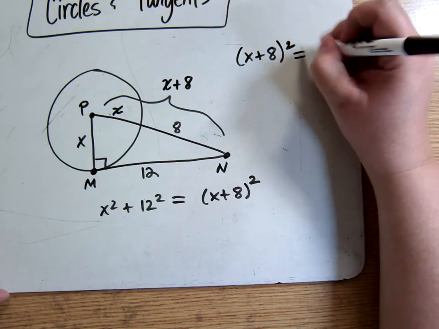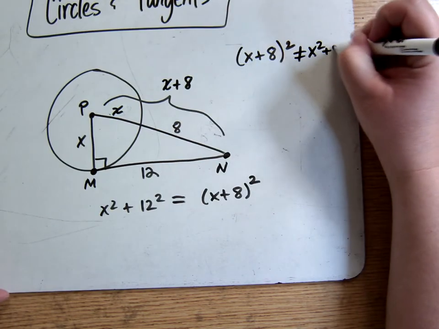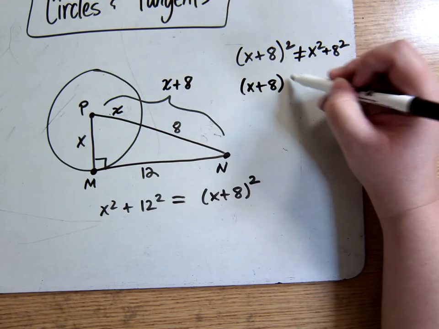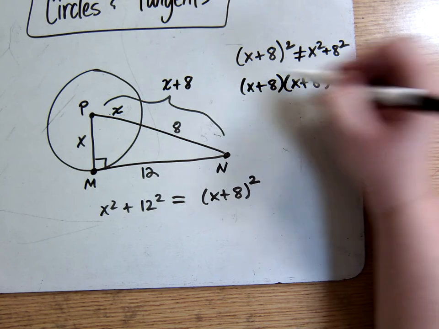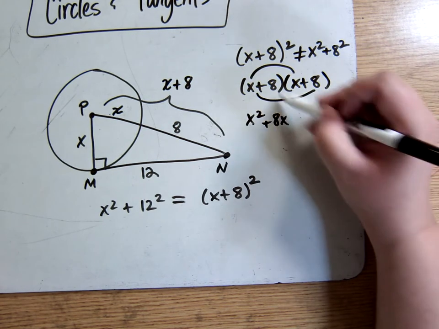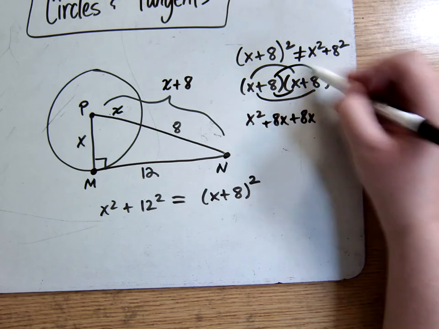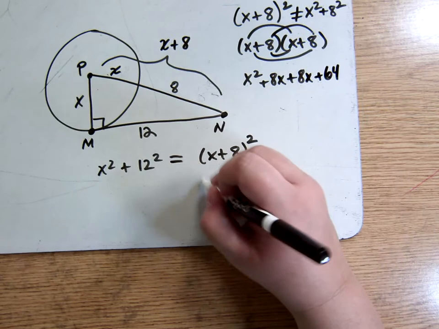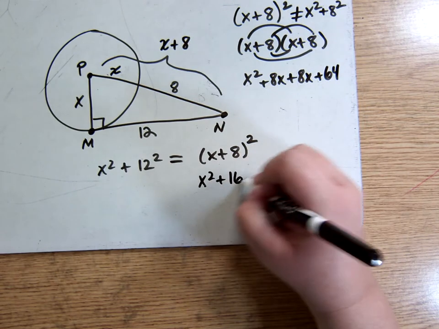This is not going to give you x squared plus 8 squared. What it is going to give you is x plus 8 times x plus 8, and we FOIL. So x squared plus 8x plus 8x plus 64. So this is x squared plus 16x plus 64.